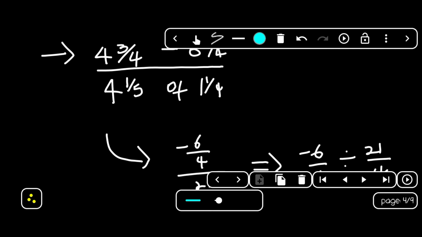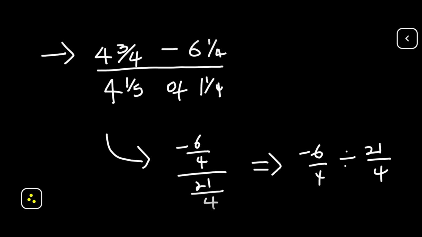Here is another important point. If you have a complex fraction like this, please note that since you have mixed fractions here, change them to improper fractions to make it easier. Then change the sign "of" here to multiplication. And then it's important that you solve the top part first before the bottom part, or you can do either depending on what you want.